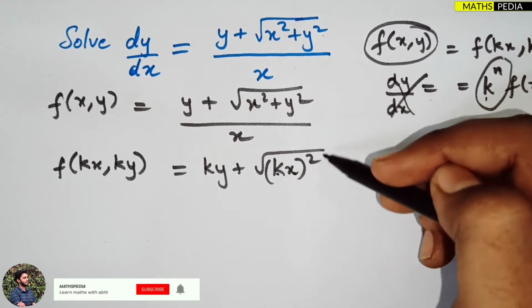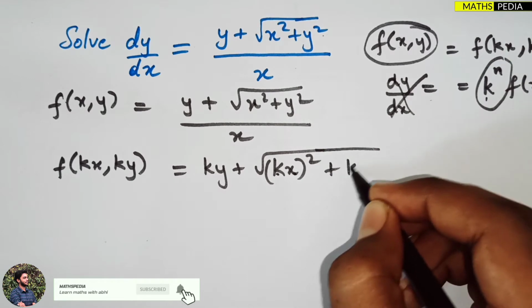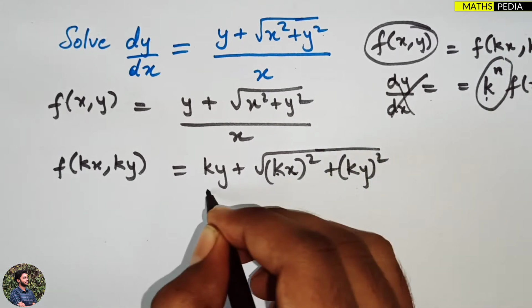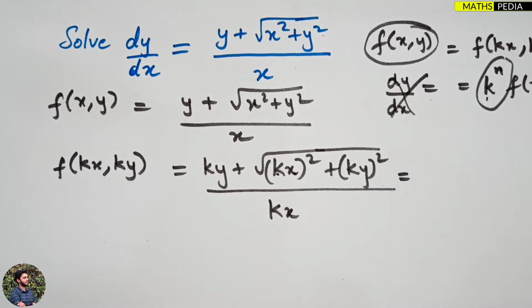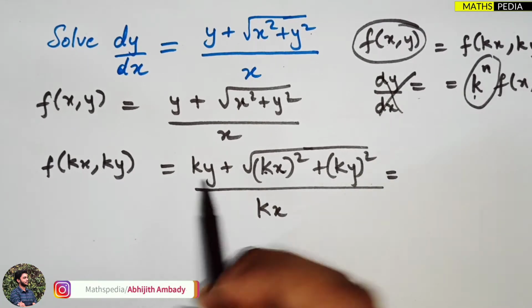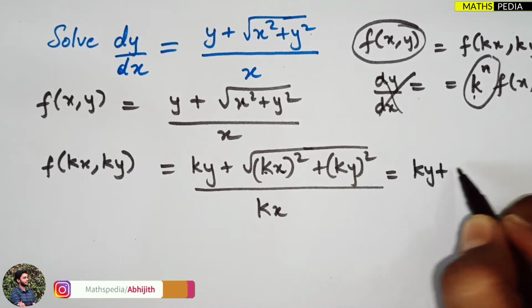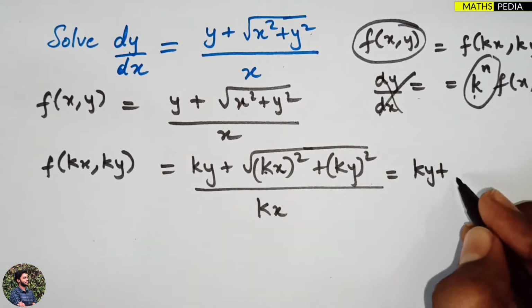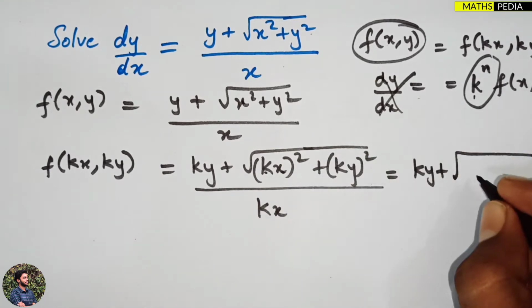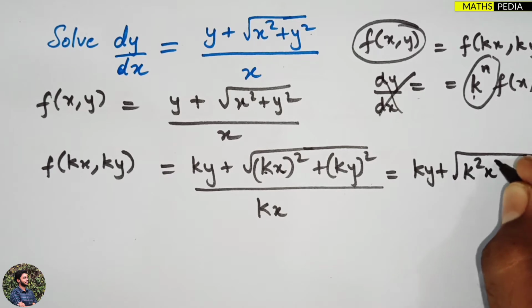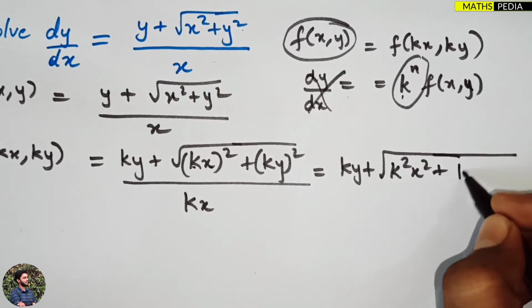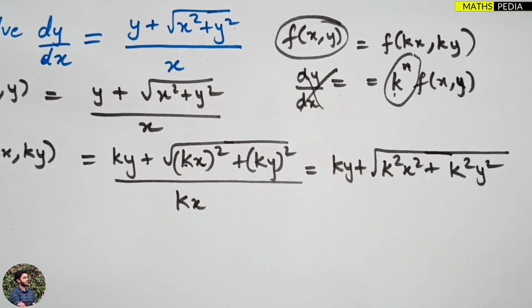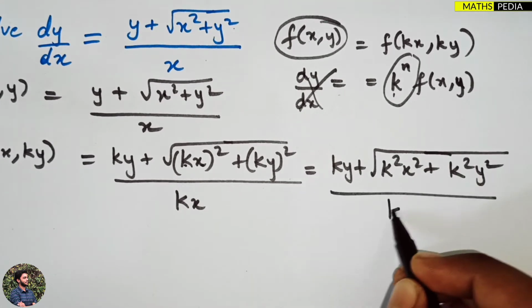So it will be ky plus square root of kx whole square plus ky whole square, divided by kx. That is k square x square plus k square y square, whole thing divided by kx.